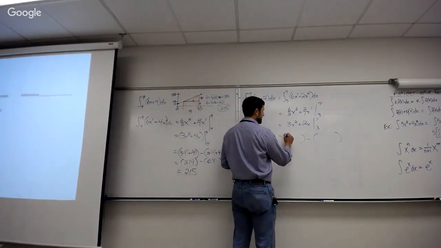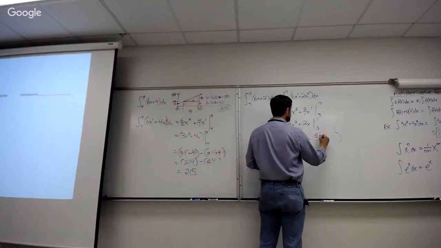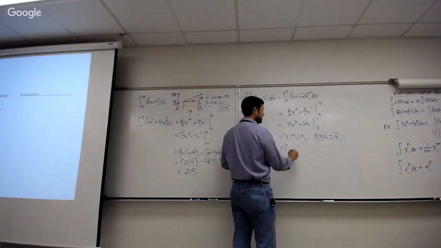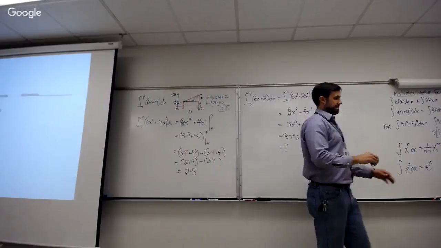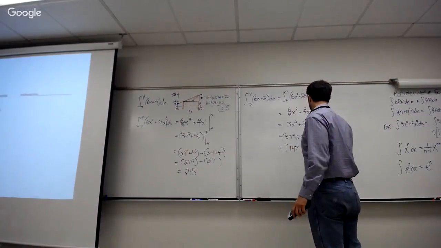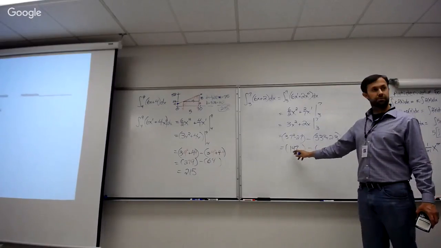So what did you all get? 3 times 7 squared plus 2 times 7, minus 3 times 3 squared plus 2 times 3. 147 minus 14? 147.